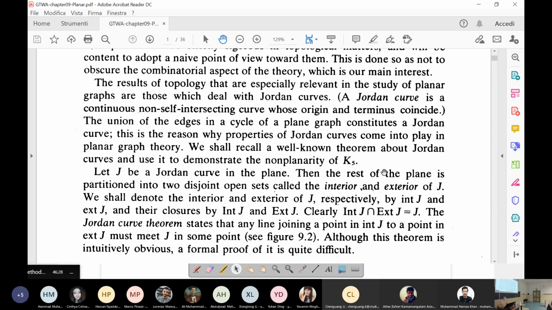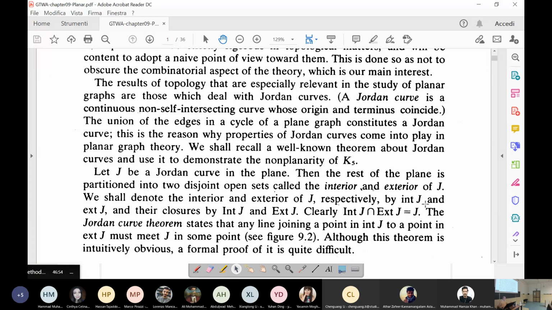Then, if you take away that curve from the plane, the rest of the plane is partitioned into two disjoint open sets. One is called the interior, and it is bounded, meaning that there is, if you want, a rectangular box containing it, and an exterior of that curve, which is not bounded.